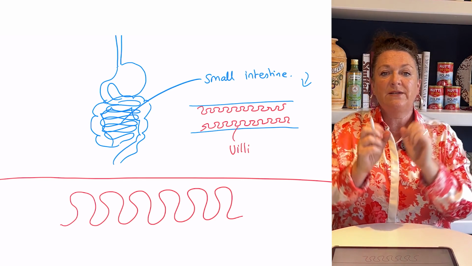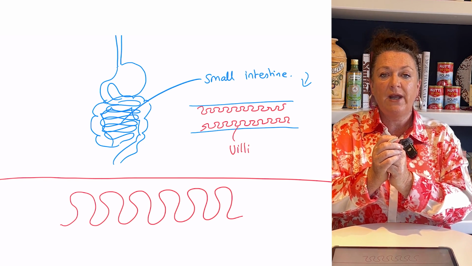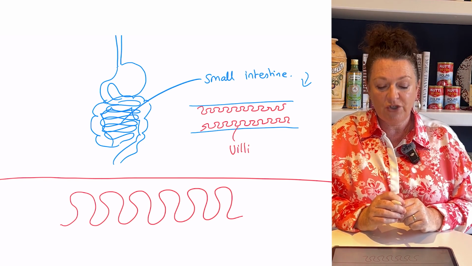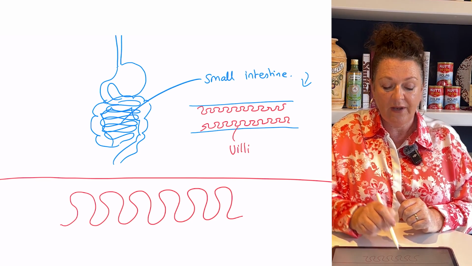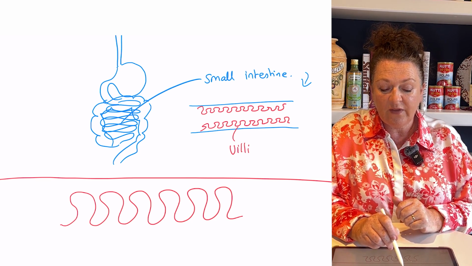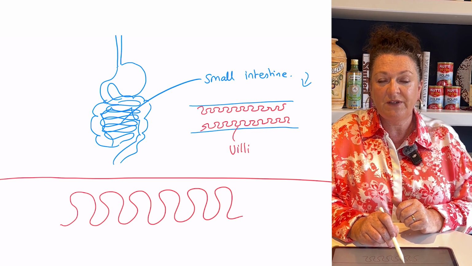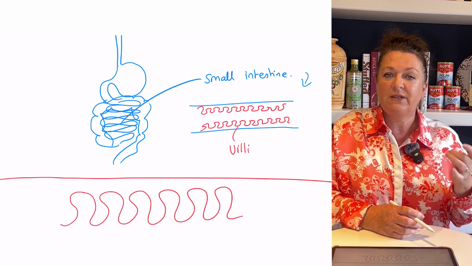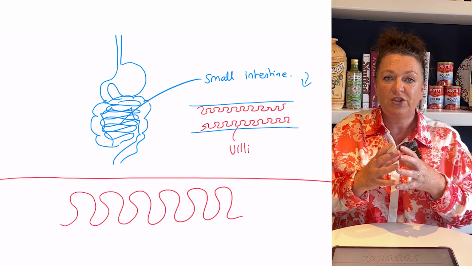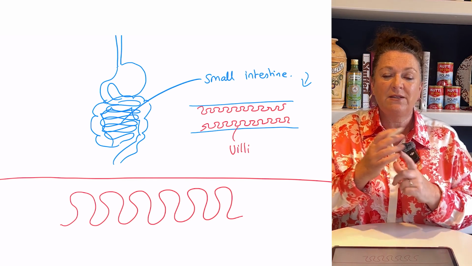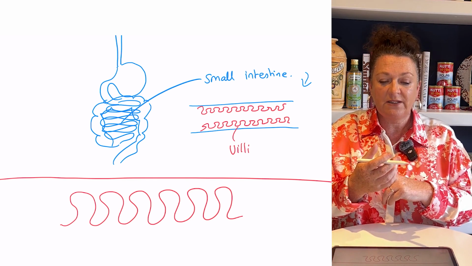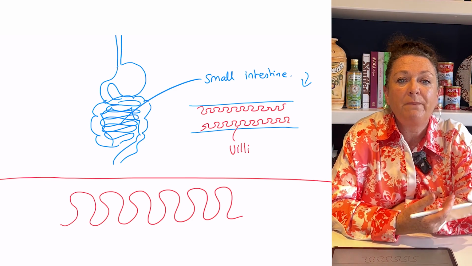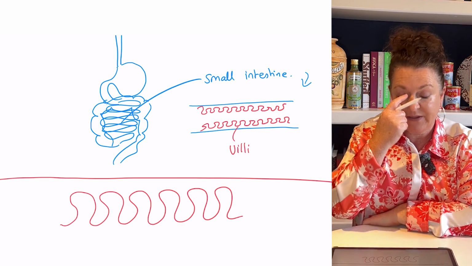So as food passes down through our alimentary canal, our mouth, our esophagus, our stomach, into the small intestine, by the time food gets to the end part of the small intestine, all the macronutrients, the proteins, the lipids, the carbohydrates, they've been fully digested into amino acids, monosaccharides, fatty acids and glycerol. Like that, they are absorbed along with minerals and vitamins in the small intestine.